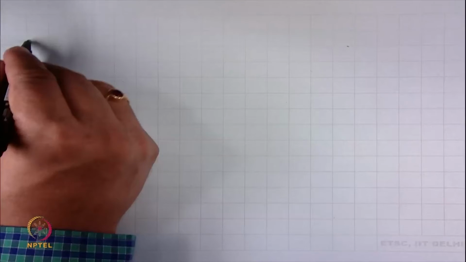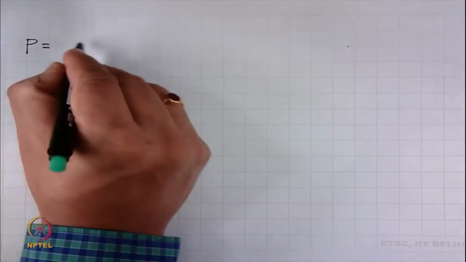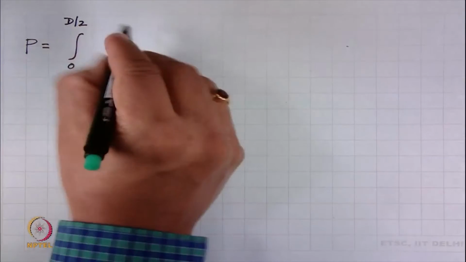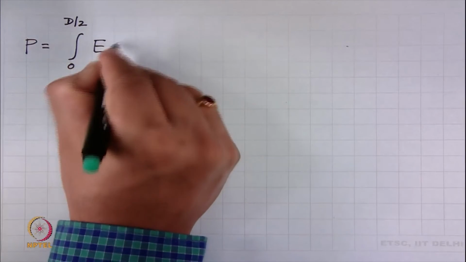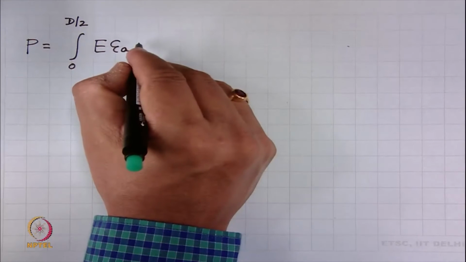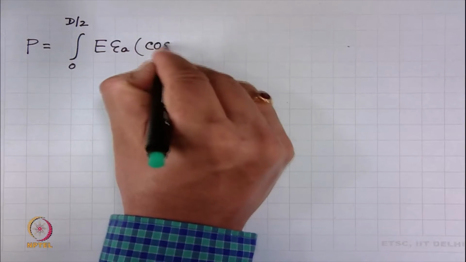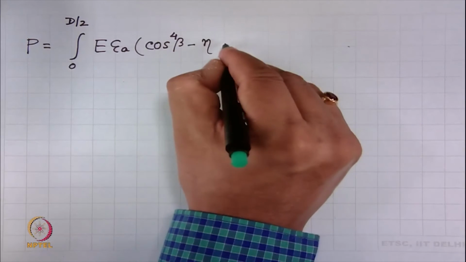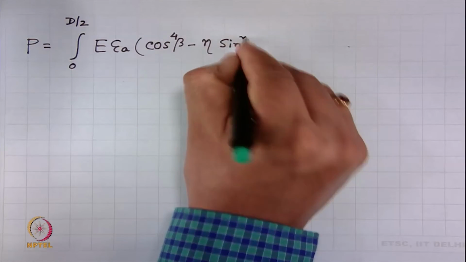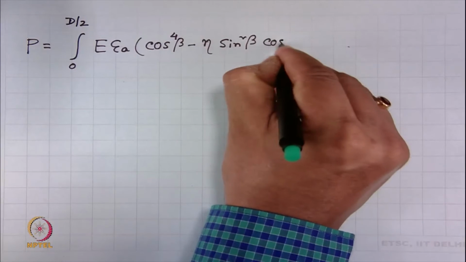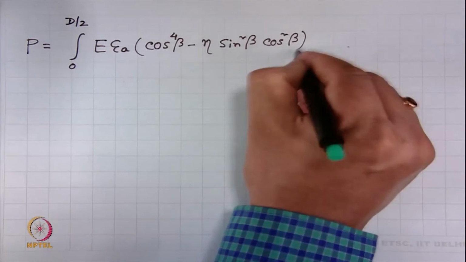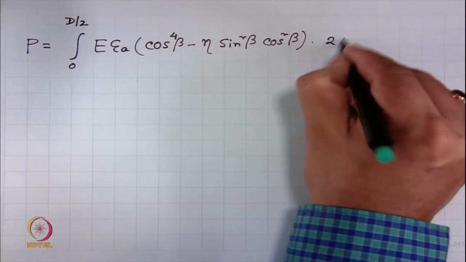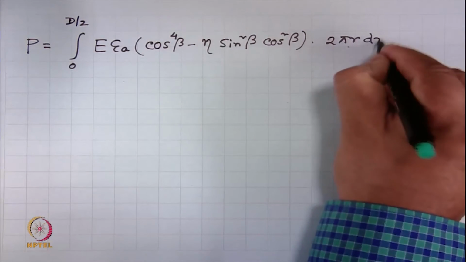So, P is equal to the integral from 0 to d by 2 of E into epsilon A, cos to the power 4 beta minus eta sin square beta cos square beta, into 2 pi r dr times mu.